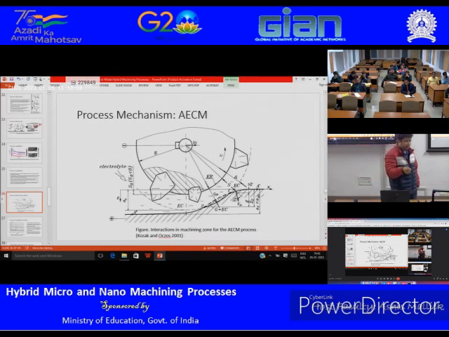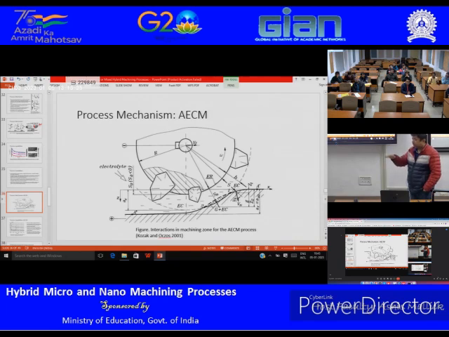This is better than ECM in a way. In ECM, definitely the gap has some effect, but even if it is a slightly larger gap, there is no issue. Electrochemical dissolution can continue. For EDM, you have to increase the energy to make sure sparking is happening, but for ECM, the electrochemical dissolution will happen.